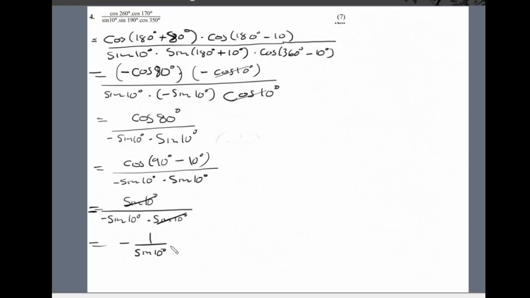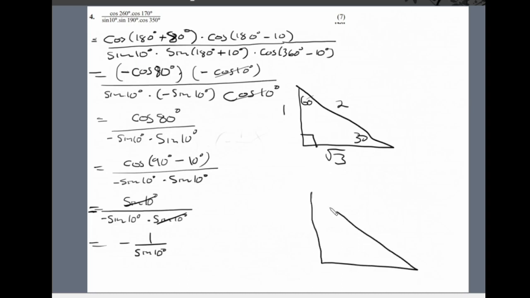So special angles, make sure you memorize these two triangles: 60, 30, 90, with sides 1, 2, root 3, and then the other one is 45, 45, 90 with sides 1, 1, root 2. So whenever you hear calculate or simplify without using a calculator, think of these special triangles, right?